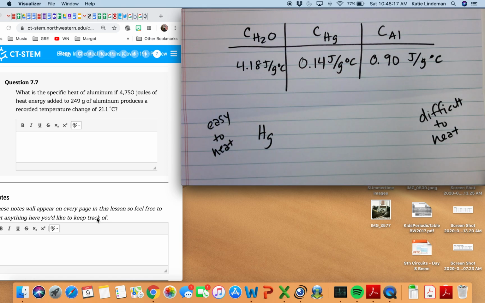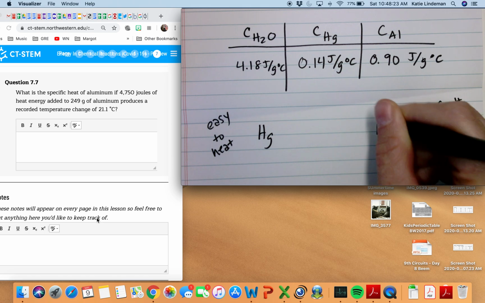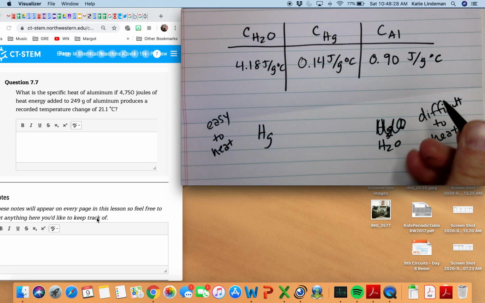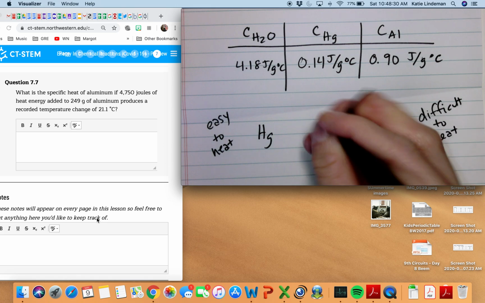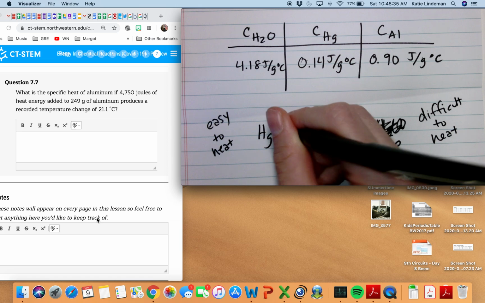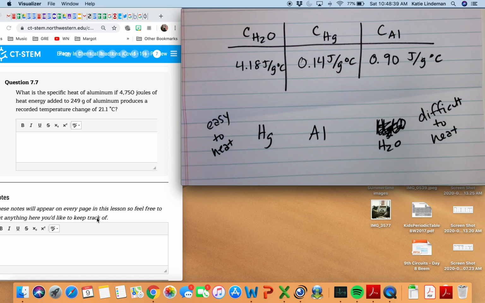The most difficult to heat is going to be water. Whoops, I'm miswriting this. Like staring at the mercury, trying to write water. And then aluminum would be in the middle. This is the type of thing that you should be able to get from these specific heats. Okay, this is kind of the take home that we want you to be understanding.